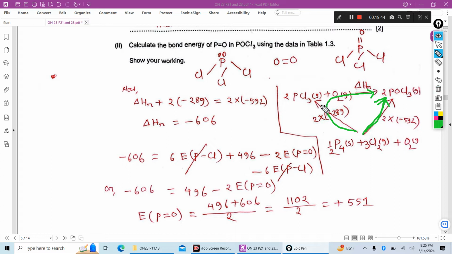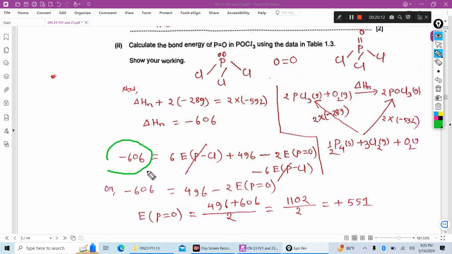So the indirect route is delta H R, the enthalpy of reaction, plus 2 times 289 equals 2 times 592. So if you calculate the enthalpy of the reaction, I mean this value, you get negative 606 kilojoules per mole. Now this is the enthalpy of reaction.